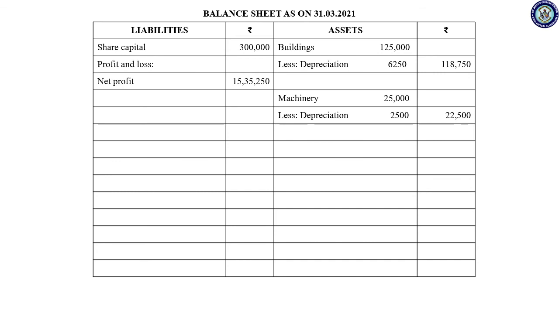So next, machinery less depreciation. Next, debtors less RBD, that is reserve for bad debts.